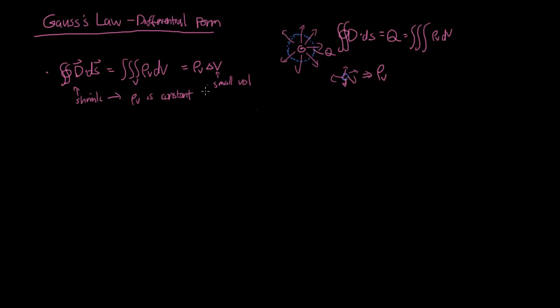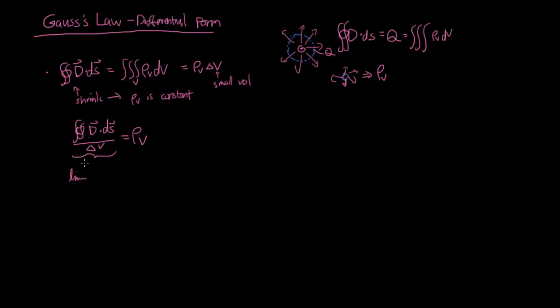Next, we're going to divide the delta v over to the other side. So you have arrow density integrated over the surface area divided by delta v, which is equal to rho v. And here we're going to simplify by adding a definition.